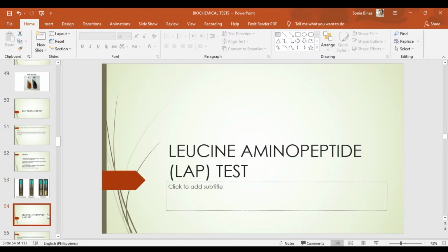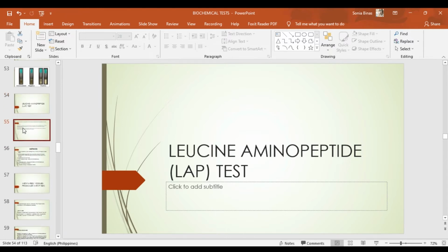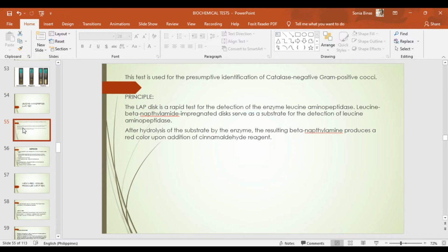So, next is our lysine aminopeptidase or LAP test. This test is used for the presumptive identification of catalase-negative gram-positive cocci. The LAP disc is a rapid test for the detection of the enzyme leucine aminopeptidase.